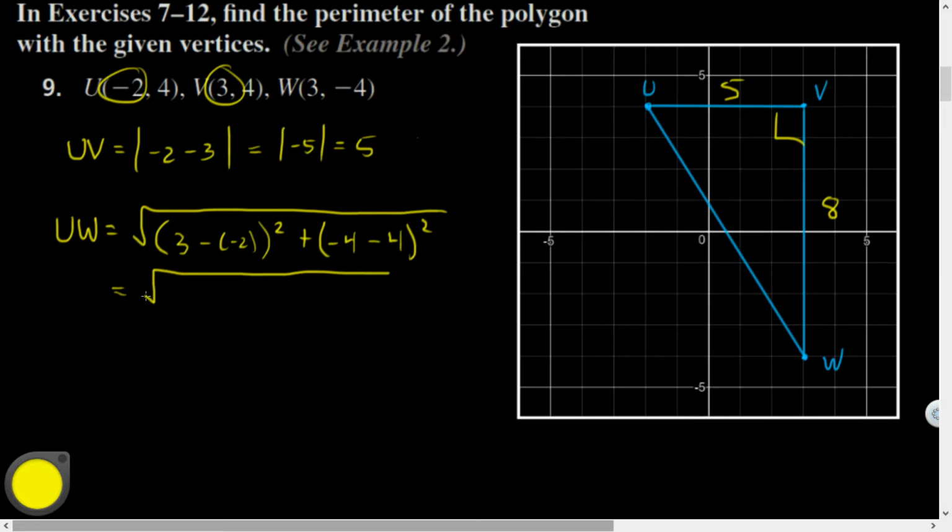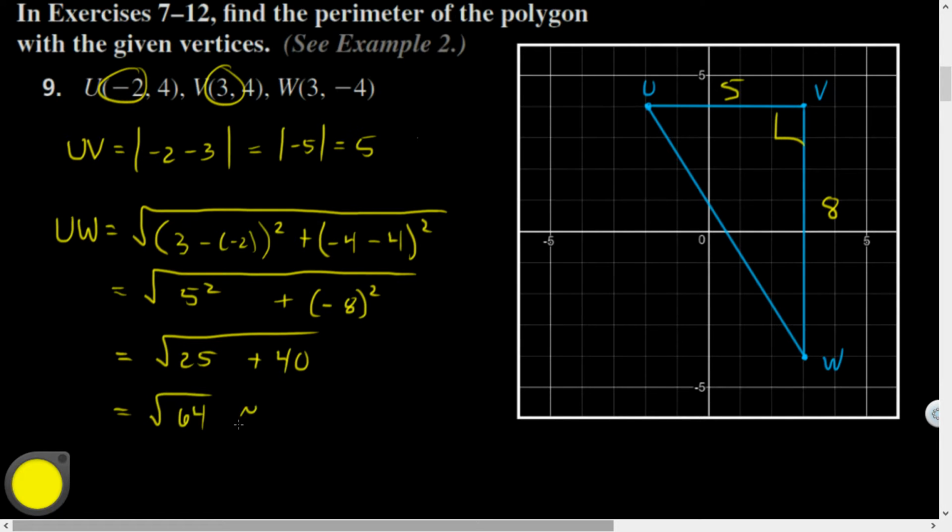So that's going to equal 3 plus 2 is 5. -4 minus 4 is -8 squared. And so that's going to be the square root of 25 plus 40. Squaring a negative makes it positive. So it looks like square root of 65, which is, did I already make an error?